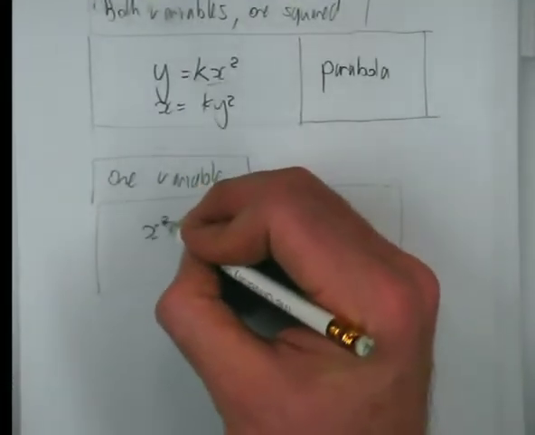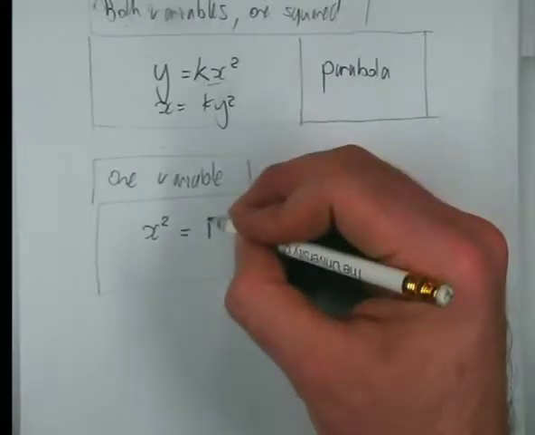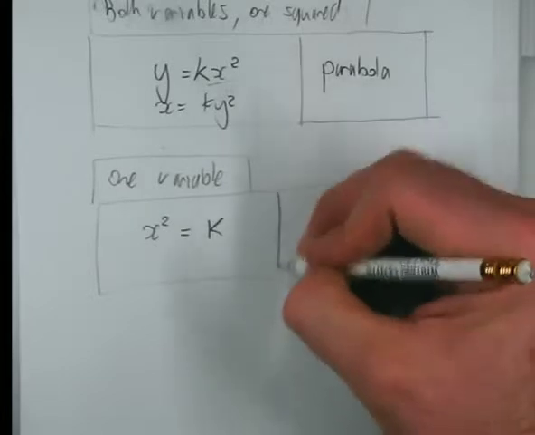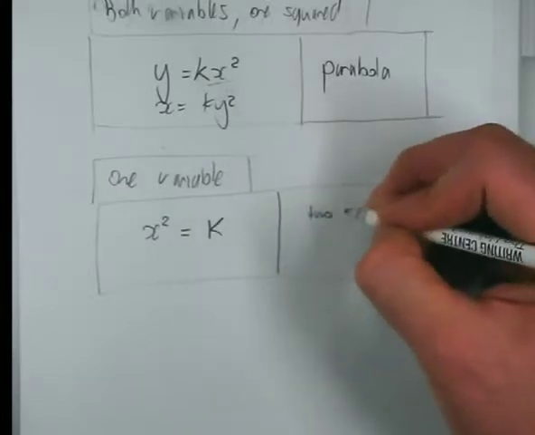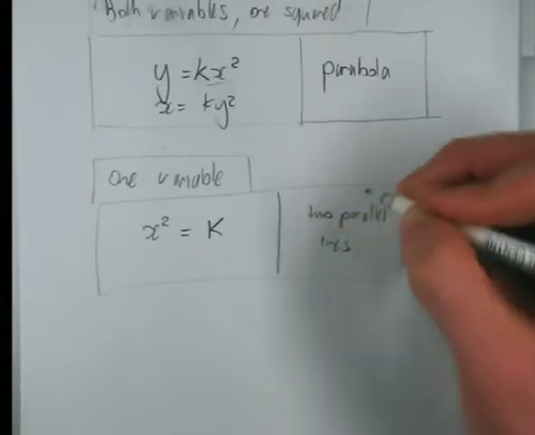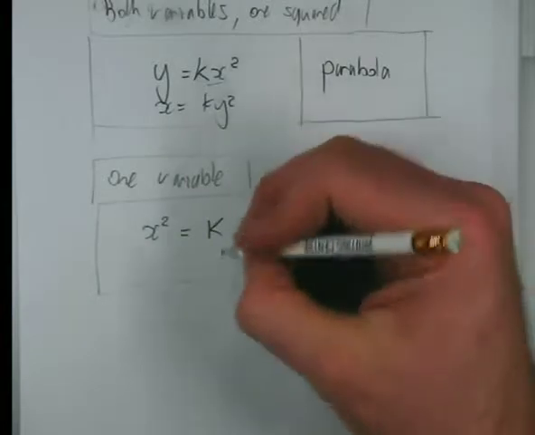You either get x squared equals a positive number, so it'll be like k, in which case you'll get 2 parallel lines, because it'll be x equals plus k and x equals minus k. So this is positive.